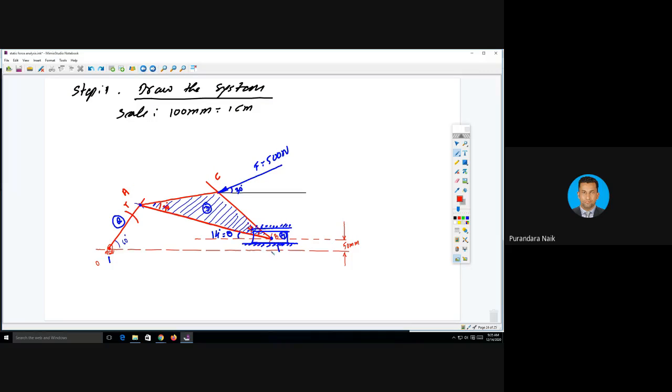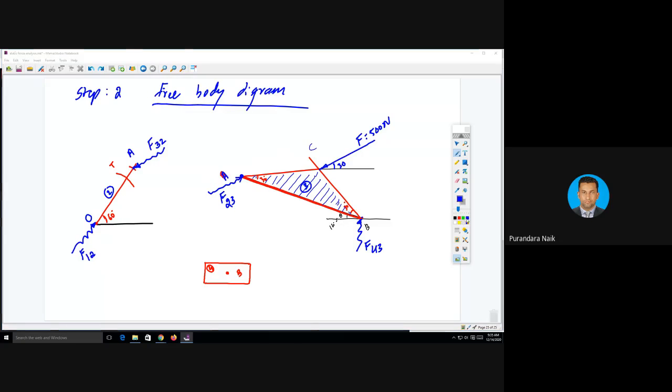If there is a piston, there will be an upward force in this direction. I'll show it. This is one upward force, that is F14, due to link number 1 on 4, the fixed link 1. And we have another force by link number 3, which is zigzag here because I don't know the direction and magnitude. It is F34.